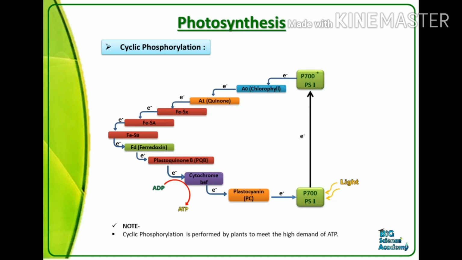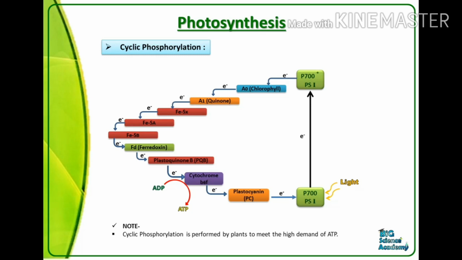The electron is then accepted by the chlorophyll molecule, the A0. The chlorophyll molecule in turn donates the electron to the quinone molecule. Then the quinone molecule donates the electron to the iron sulfur clusters, that is the FeSX, FeSA, FeSB.